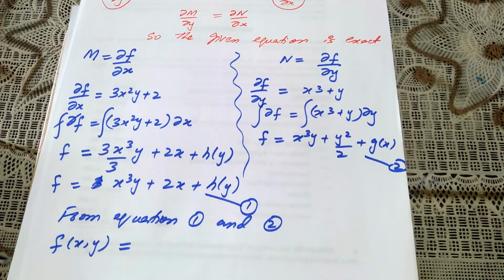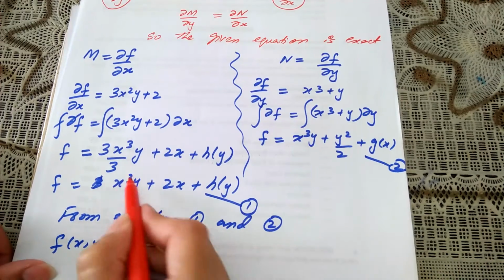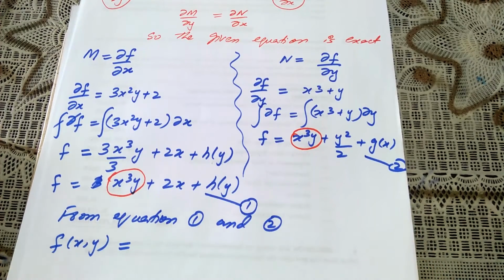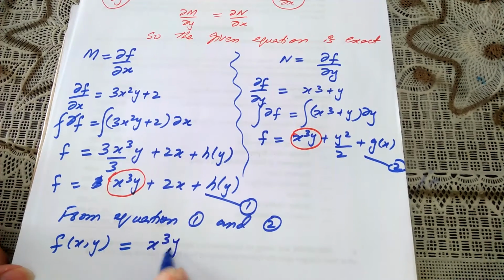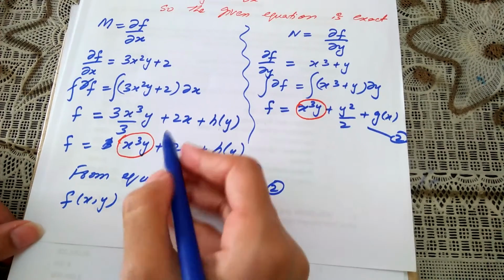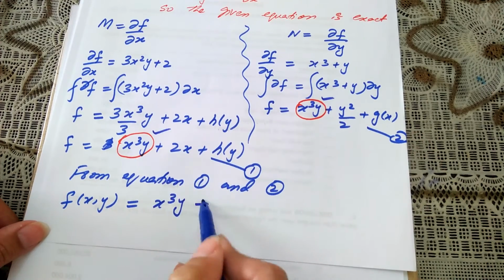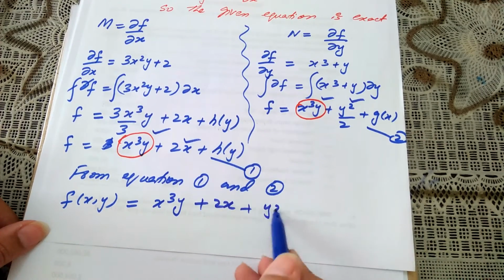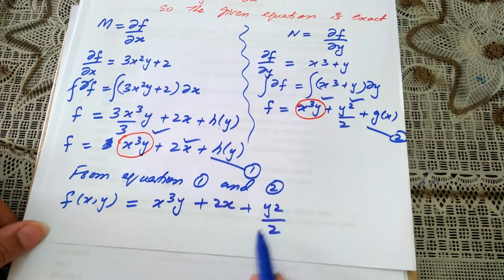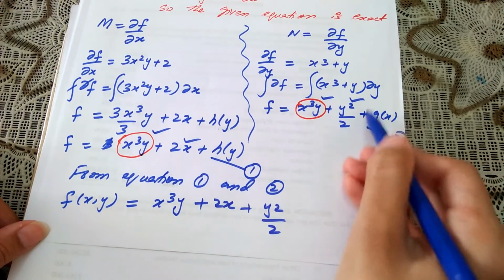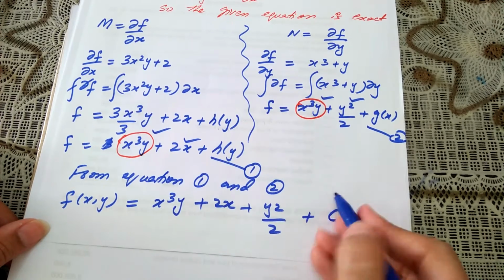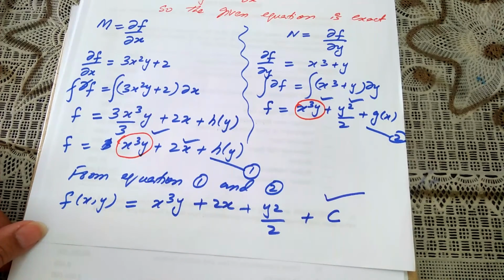Don't repeat the same functions. X cube y is repeated, so you will write this function one time only. So your solution will be x cube y, then plus 2x plus y square by 2. You have written all the functions, and in place of h of y and g of x, you will write here the constant of integration c. So this is the solution for your exact equation.